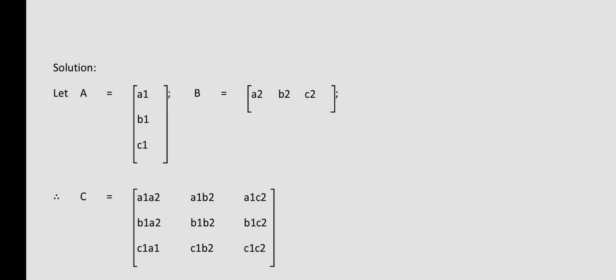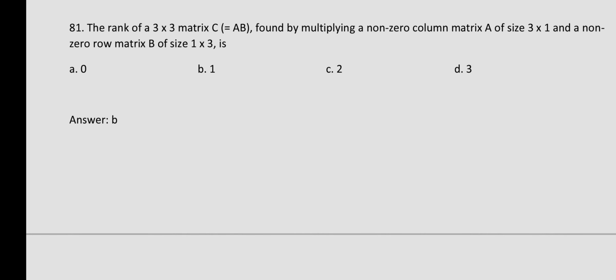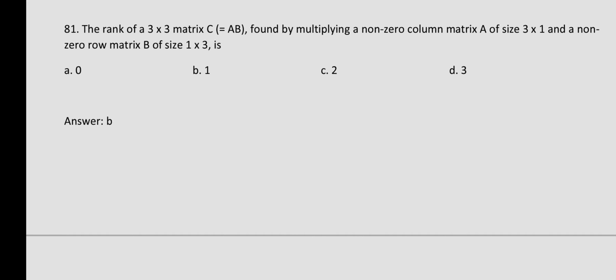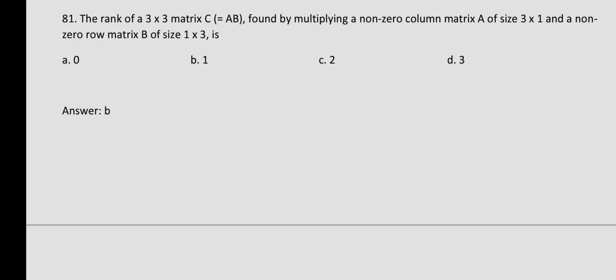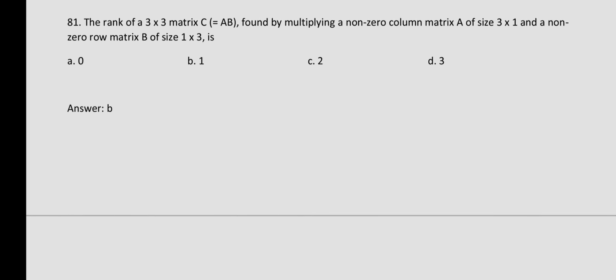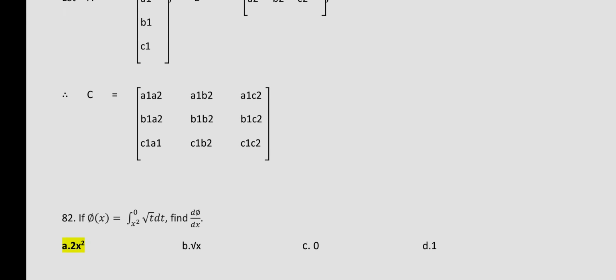Solution, syempre, ano bang hiningi sa'yo? Rank, di ba? O, yan ang given. So, magle-let ka A, yung matrix mo dyan, yung column mo, A1, B1, C1. Yung B mo naman, sa matrix B mo, yung row niyan, A2, B2, C2. Kaya, makuha mo dyan, sa matrix C, kung magra-rank ka ng matrix, pag multiplying, di ba? Kung multiply ka ng matrix A sa B, magiging sagot mo ito.